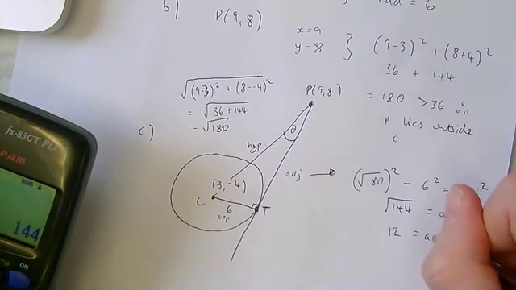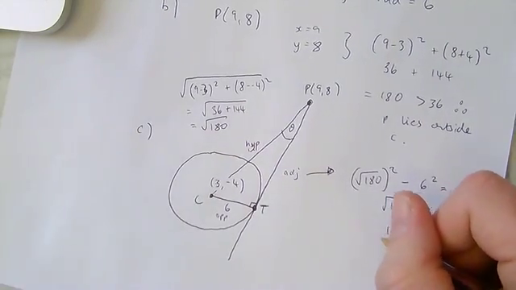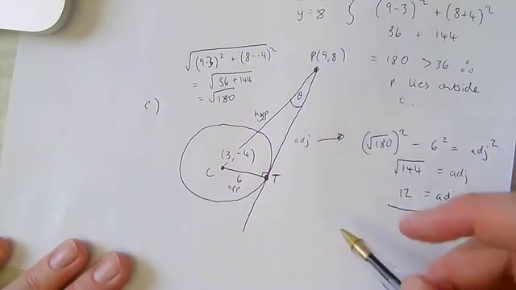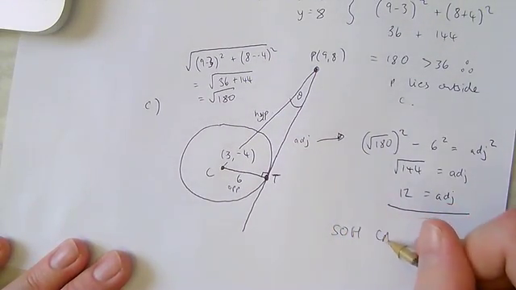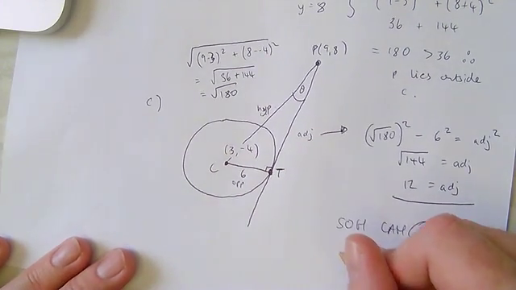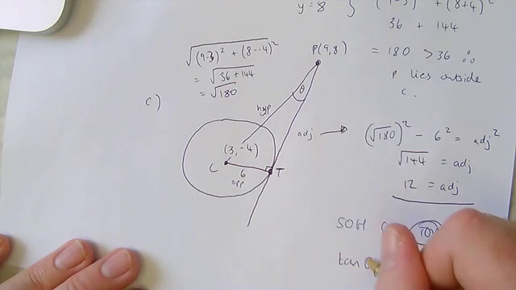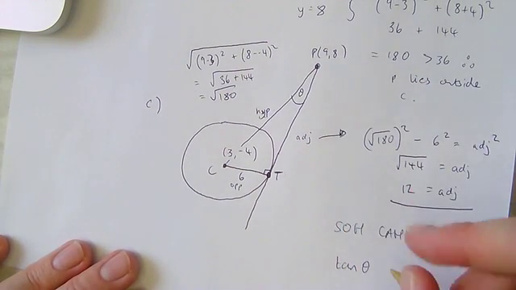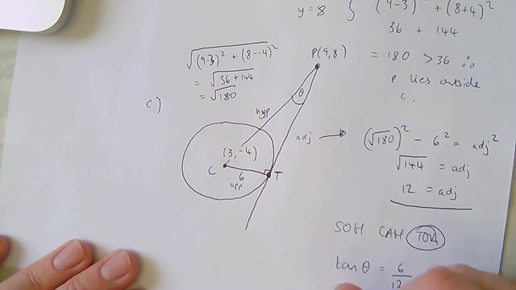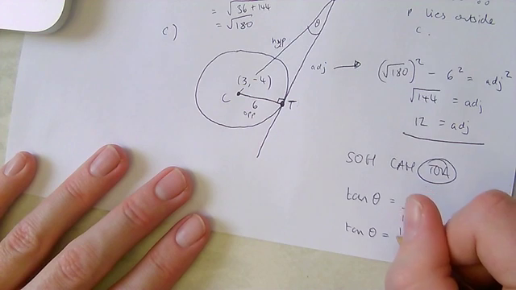So 12 is equal to the adjacent. And now, SOHCAHTOA, I need to do opposite divided by adjacent. So tan of theta, the angle they've asked me to find, is equal to the opposite, 6, divided by the adjacent, which is 12. So tan of theta is equal to 1/2.